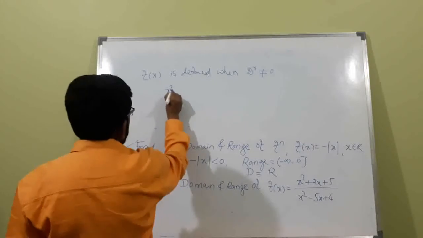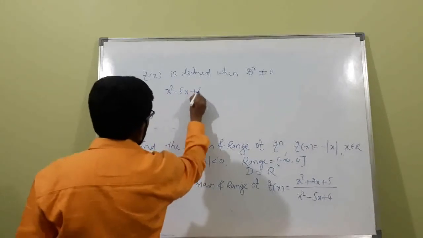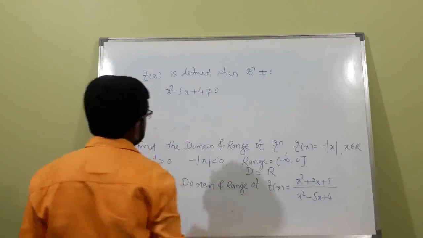That is, x square minus 5x plus 4 should not be 0.